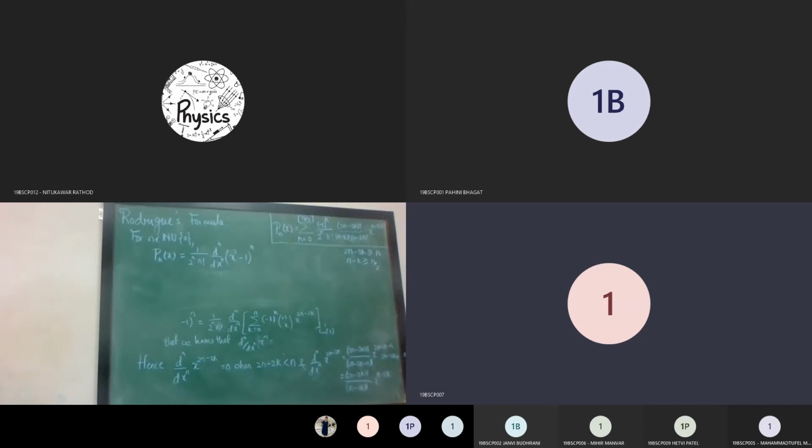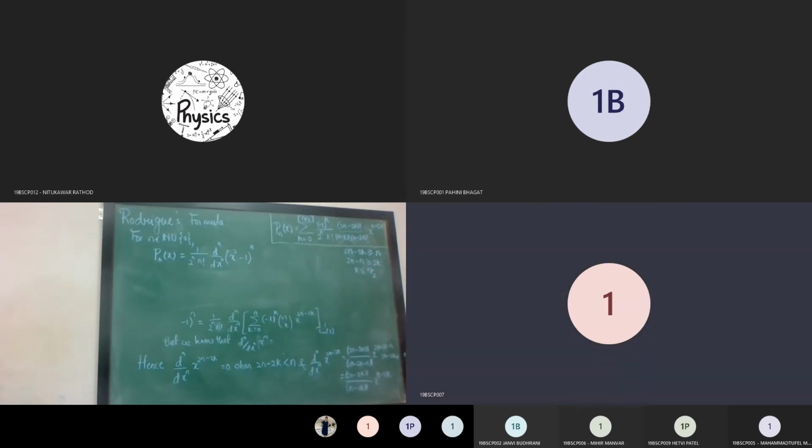And further if you simplify this one or let me consider it in this way. देखिए यहाँ पर 2n minus n और k यहाँ पे जाएगा, so 2n minus n greater than or equal to 2k, so this is nothing but n, so I can say k is less than or equal to n by 2. Yes or no?